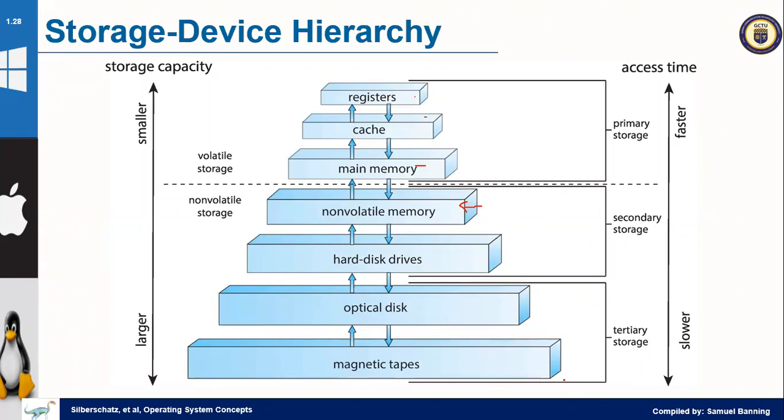Then we have the tertiary storage, which are the optical disks and the magnetic tape. So this diagram summarizes the hierarchy of storage devices in terms of their storage capacity, their access time, and their level. The primary storage is volatile memory. The secondary and the tertiary storage are non-volatile.